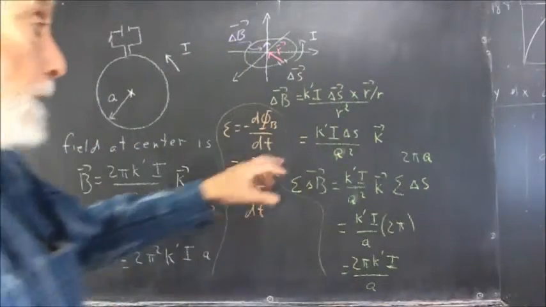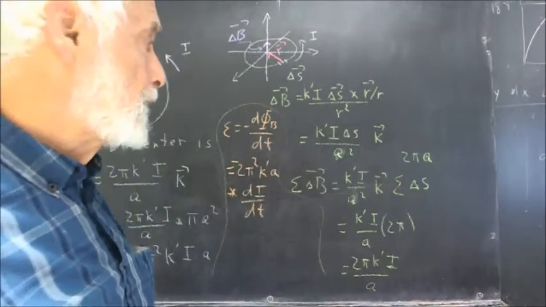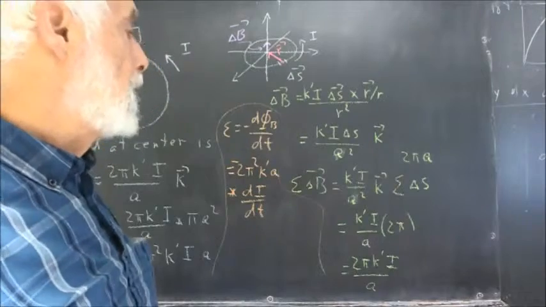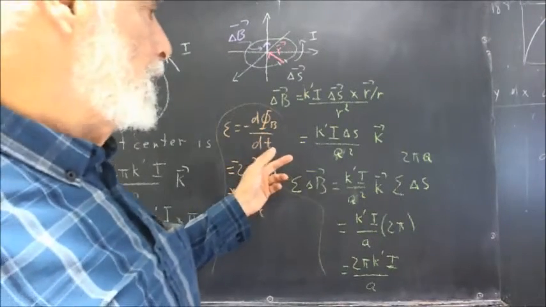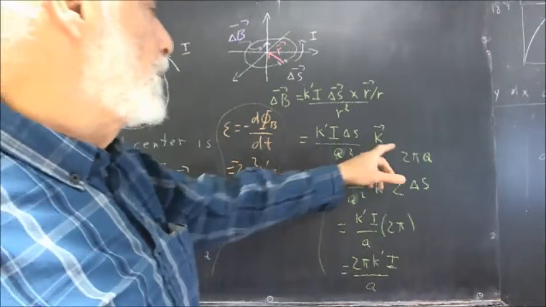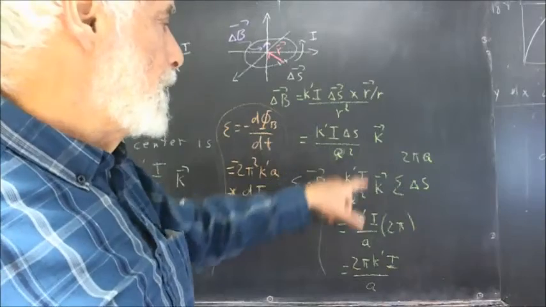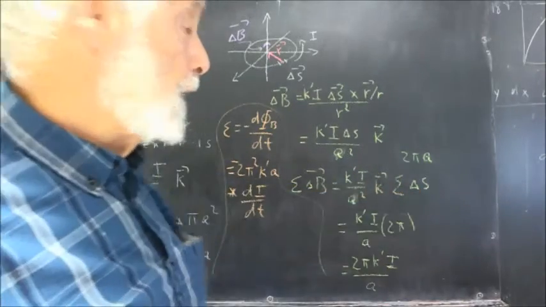Okay, now when we sum those up, everything in this sum is going to be constant, except perhaps the delta S. So we can factor out the K prime I over A squared times the K vector and just sum up the delta S's.